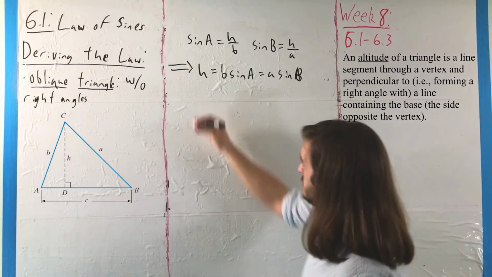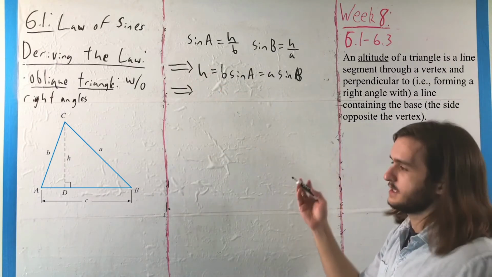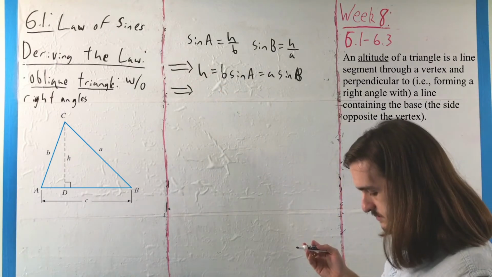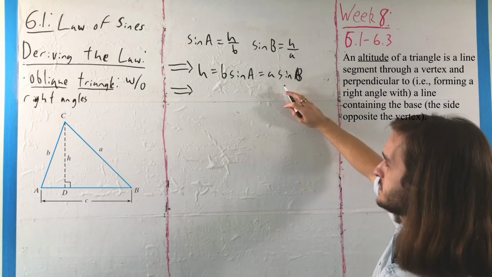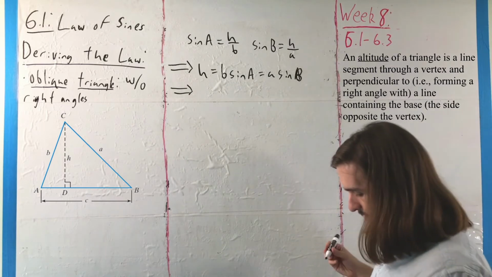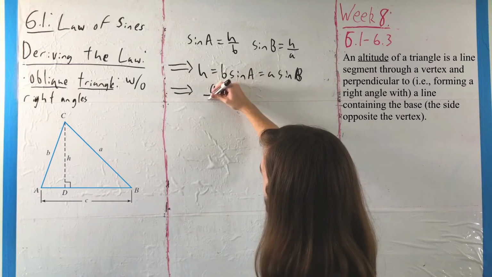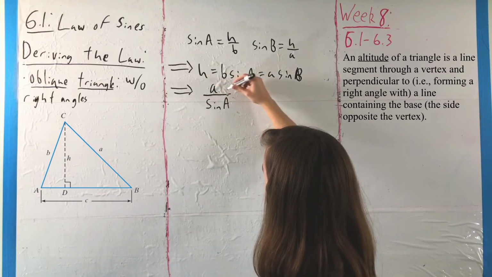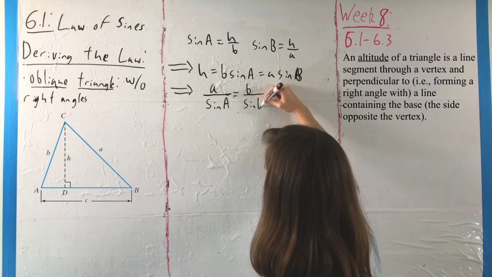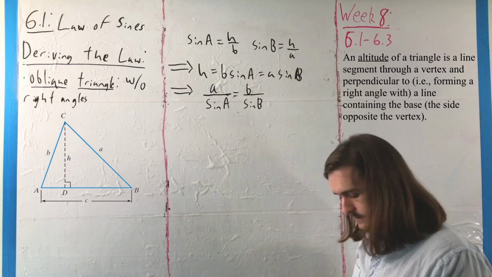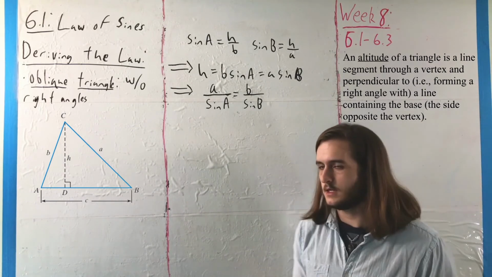And as a result, since we have that b sine A equals a sine B, well, we can just divide terms over. That is, we'll divide over sine A, and we'll divide over sine B to get that a over sine A is equal to b over sine of B. And in fact, if we want to, we can do something similar where we'd put our altitude or height in a different place.